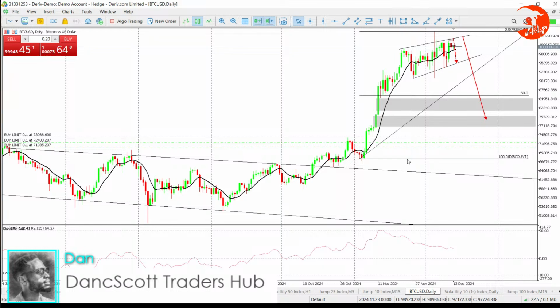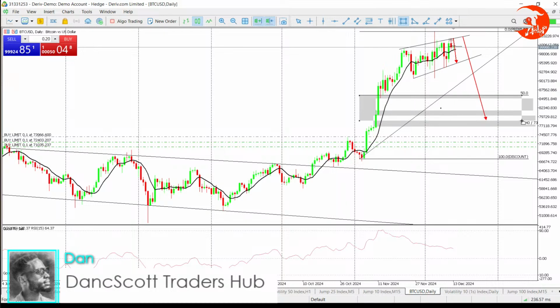Because this is the discount zone. This is the discount zone. I use discount and premium; I don't use demand and supply. So this is the discount zone where you want to enter my buys once again. So that's what I'll be waiting for.